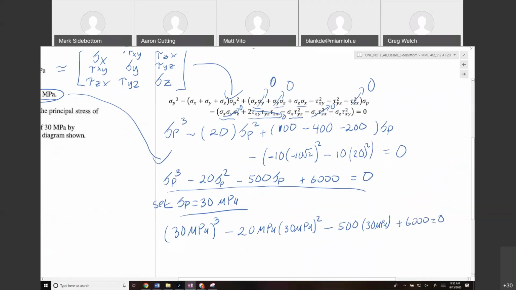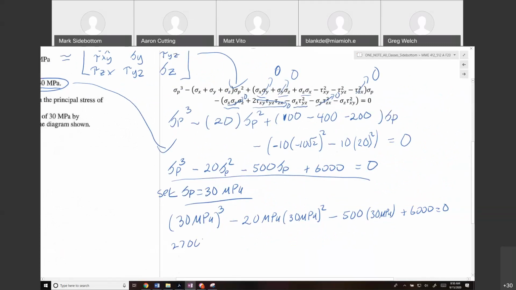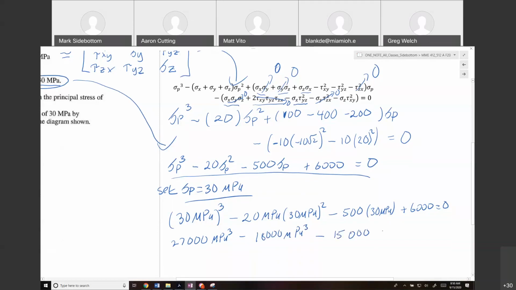All right, so if we do that, we would get 2,700 megapascals cubed minus this would be 18,000 minus 1,500, or 15,000 plus 6,000.